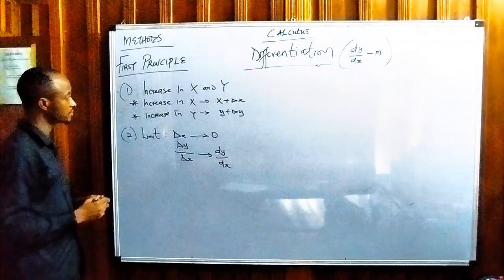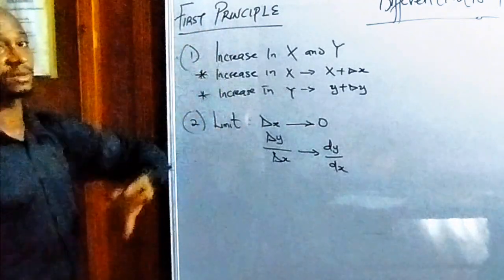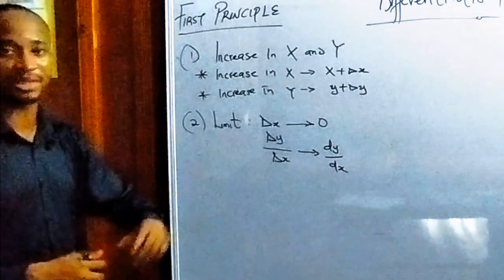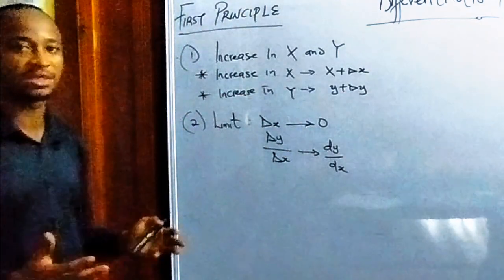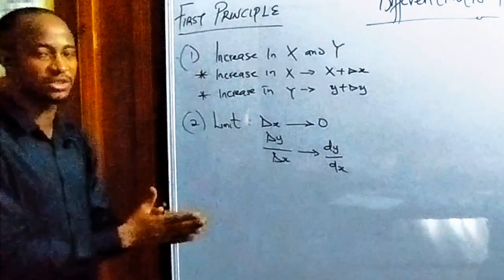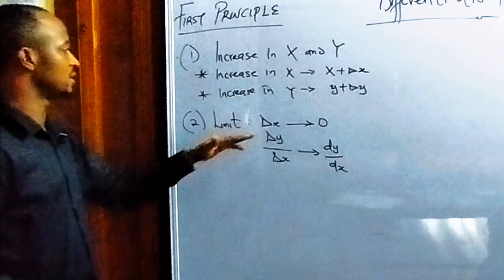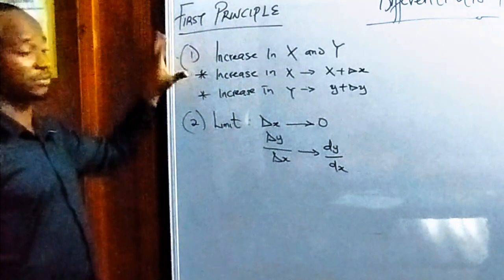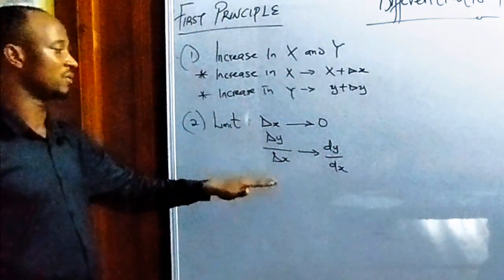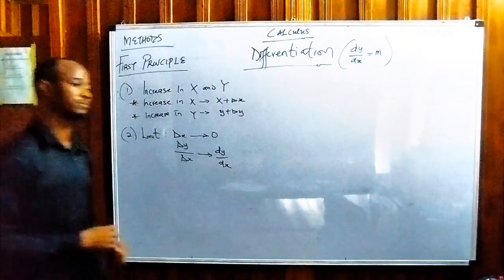What I'm trying to say is, the first condition is used to start up the process of differentiating with first principle. Then at the end part of the differentiation, we take what we call limits. The limit in first principle is, as delta x is approaching 0, delta y over delta x is approaching dy/dx.